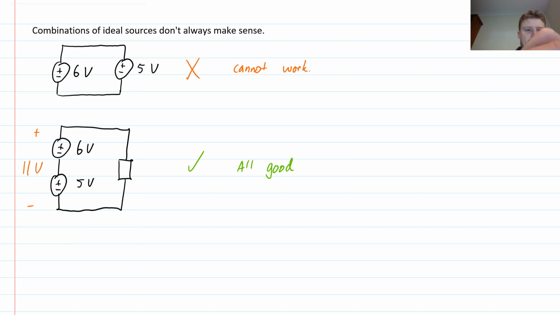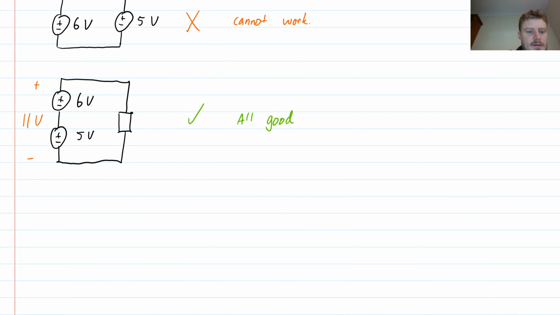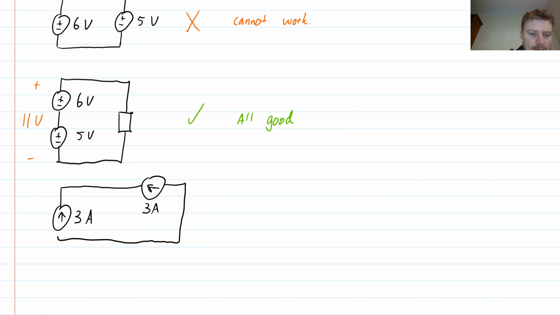You can also have issues with current sources. So for instance, if I had a current source that said there's going to be 3 amps flowing that way, and then I had a current source that said there was 3 amps maybe flowing back that way, right? You see the problem here, right?